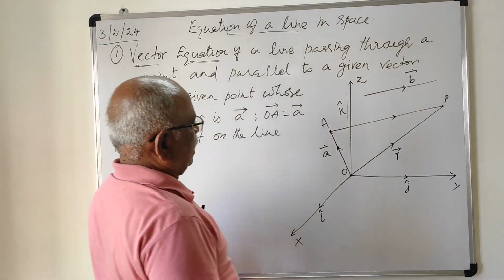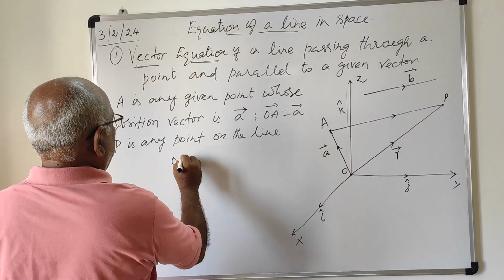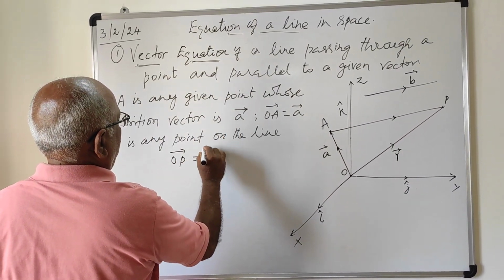P is any point on the line, whose position vector OP is equal to vector r.